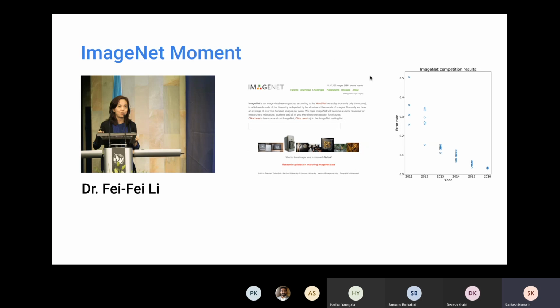This was kind of an image classification challenge, and on the right hand side you have seen how the error of the submissions to this challenge has reduced. When it started, the error rate was around 25%, meaning 25 images out of 100 were classified wrong.